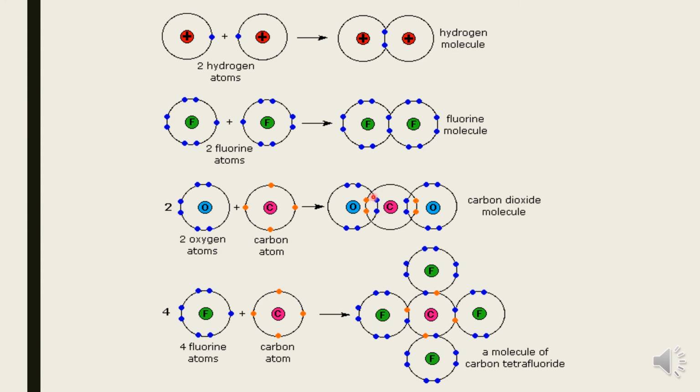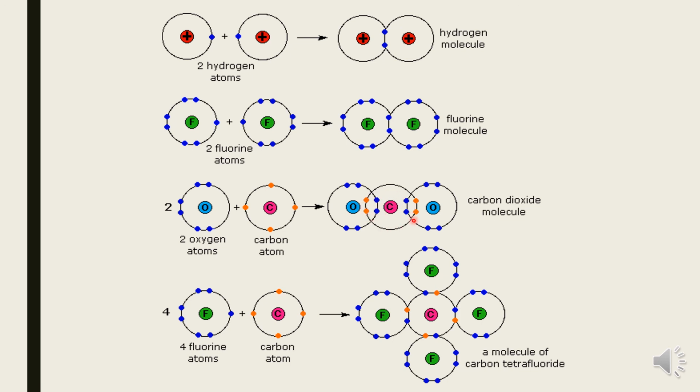That means 4 electrons which are common in between this carbon and oxygen, and 4 electrons are common in between this carbon and oxygen. So in case of carbon, 1, 2, 3, 4 electrons are there of carbon only, and 5, 6, 7, 8 electrons are of 2 oxygen atoms.